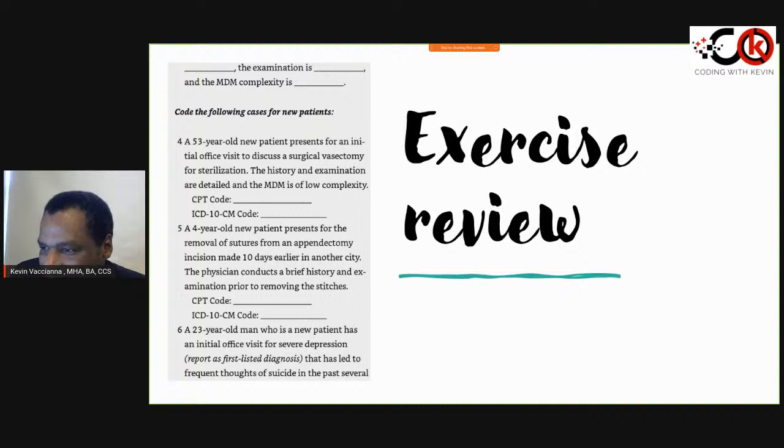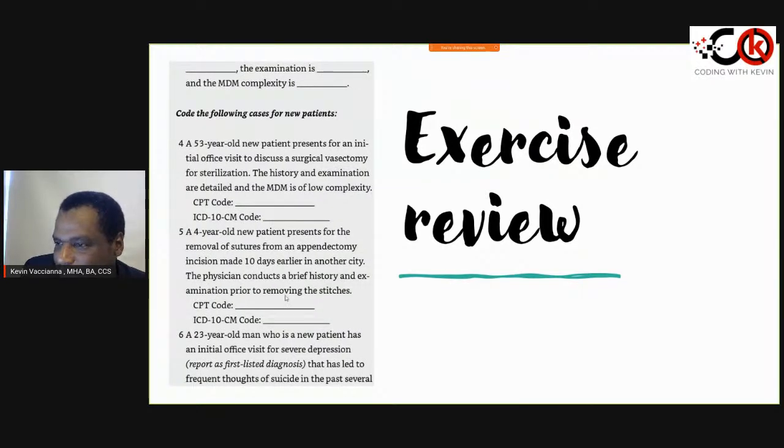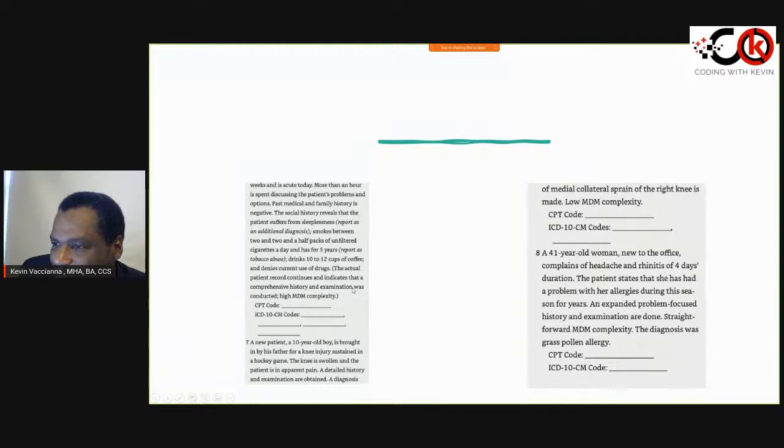All right. Next scenario says, a 23-year-old man who's a new patient has an initial office visit for severe depression, reported as first listed diagnosis. So remember the diagnosis code because I have to flip to the next screen. That has led to frequent thoughts of suicide in the past several weeks, and is acute today. More than an hour is spent discussing the patient's problem and options.